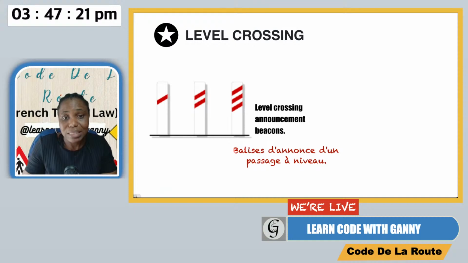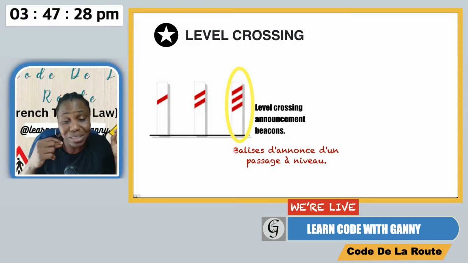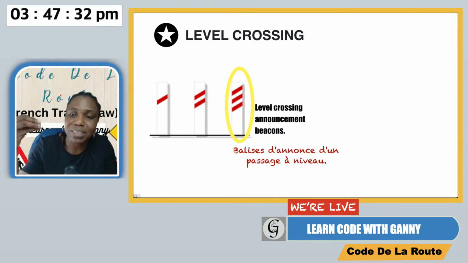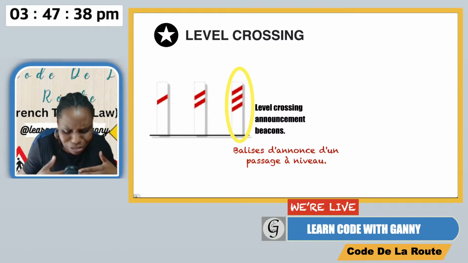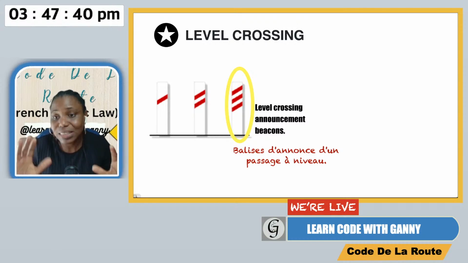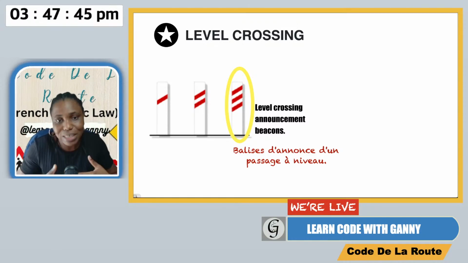The first one is marked with 3 lines. What does that mean? It means that in 150 meters you are going to come across a railway line.